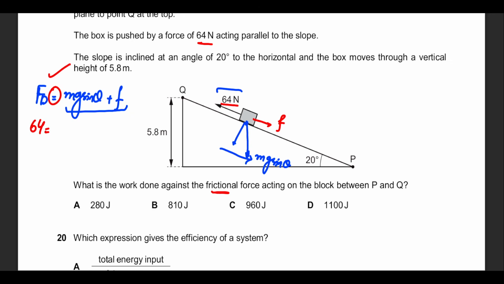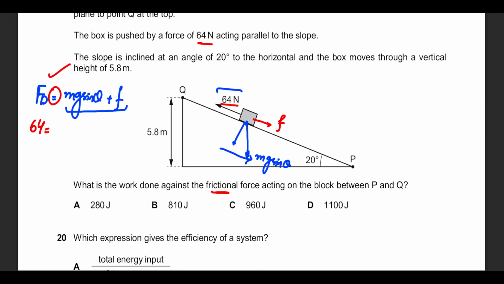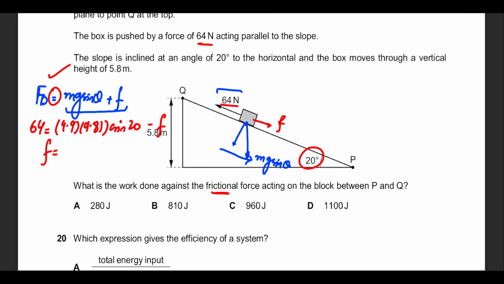This is 64 equals mg sine theta, which is also given to us, that is 4.9 kg of mass, because we will need to find the friction first. So this will be 4.9 into 9.81 into sine of this angle 20, minus F. Now the friction comes out in this case to about 47.5 newtons.